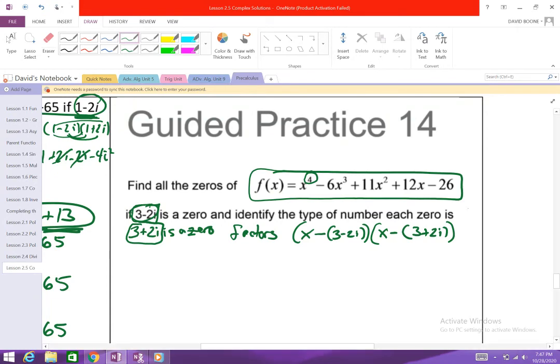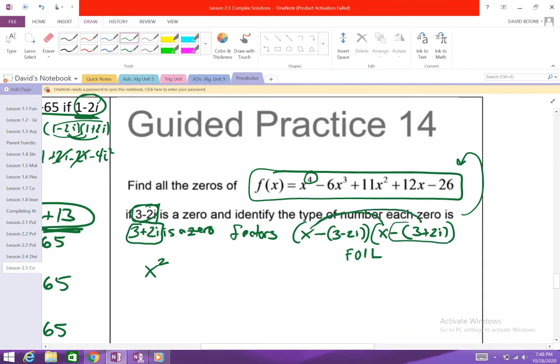Now, we want to FOIL that out so we can get a polynomial that we know then goes into that. So we can look at doing our foiling. I will take the first, so that's x times x, which is x squared.